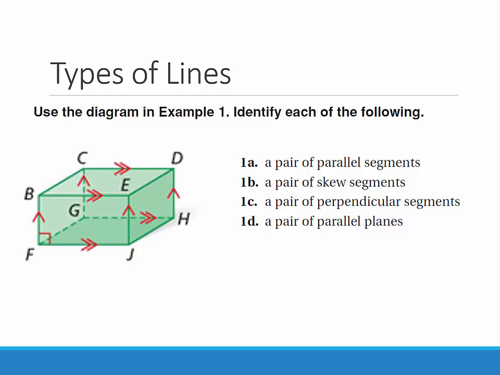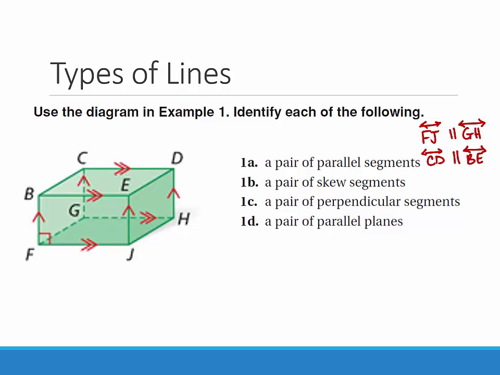So we could name from C to D, that has to be parallel to B, E. But it could also be parallel to FJ or GH. And all of those are parallel to each other.